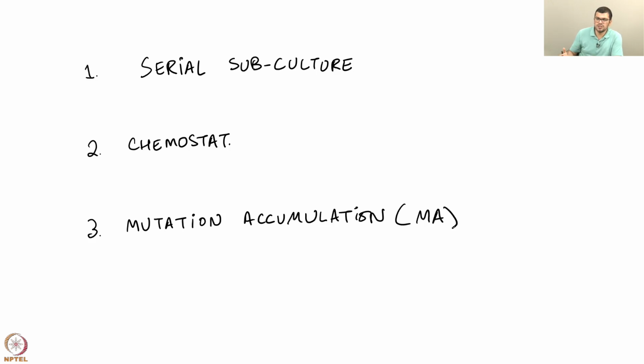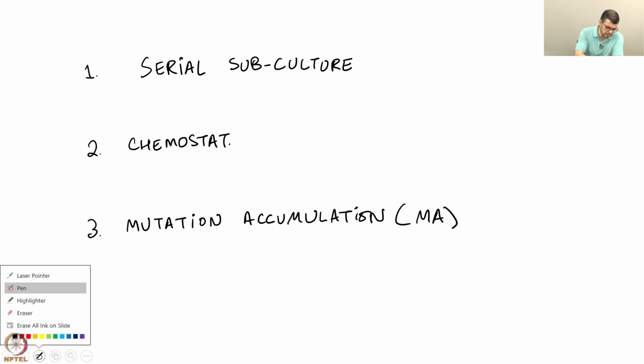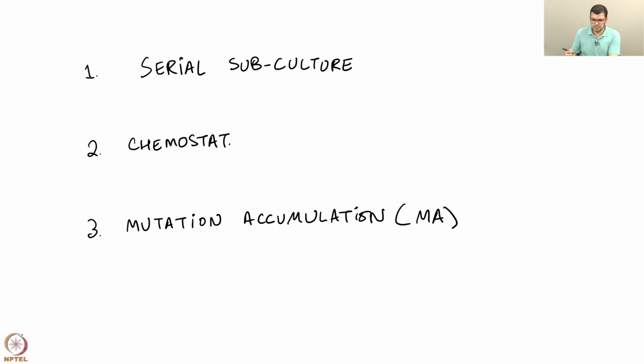And these mutation accumulation experiments are done in a very limited number of studies when we are asking a very specific type of question. And what that type of question is, is something that we will discuss when we come to the discussion of MA experiments.